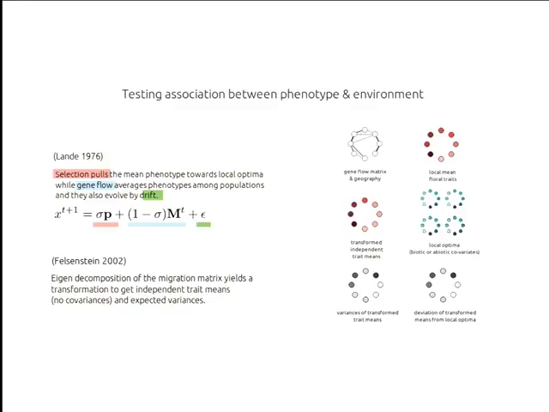In this case, we'll use phenotypic distance to the congeners in that community, or the phylogenetic distance to congeners in that community. We can ask how much our trait means deviate from this local optimum, and that deviation should be correlated with the estimated variances from this transformation.